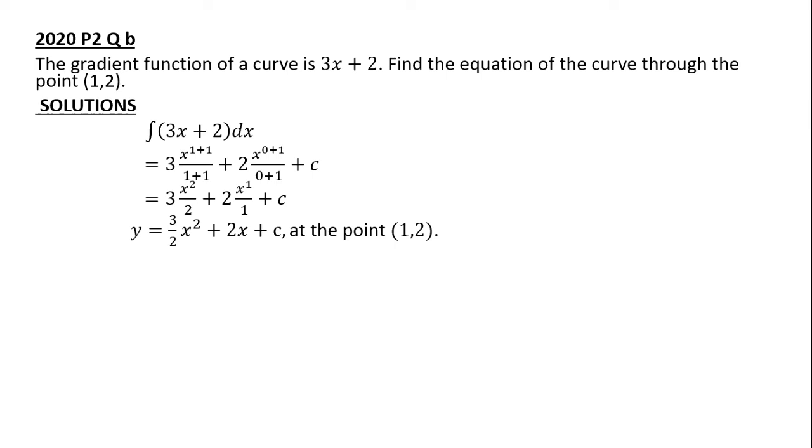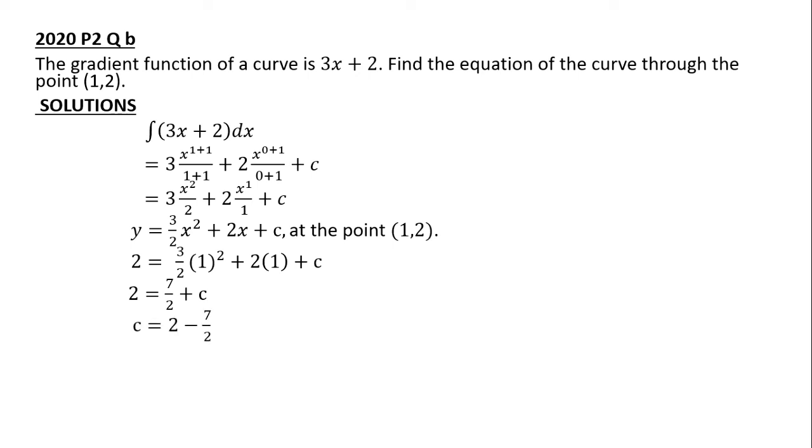So we are going to say y equal to 3 over 2 x squared plus 2x plus c. At the point 1, 2, that's going to give us 2 equal to 3 over 2, 1 squared plus 2 times 1 plus c. So we are going to say 2 equal to 7 over 2 plus c.